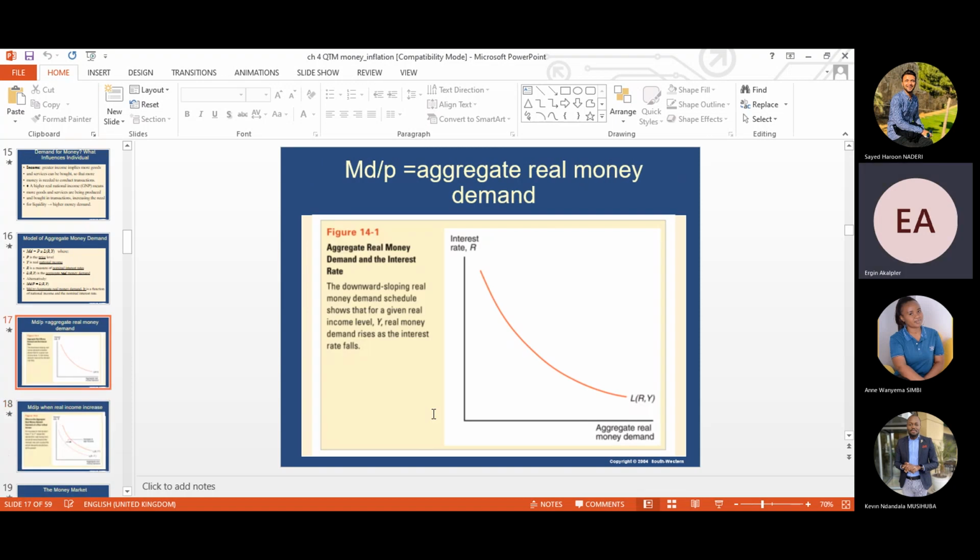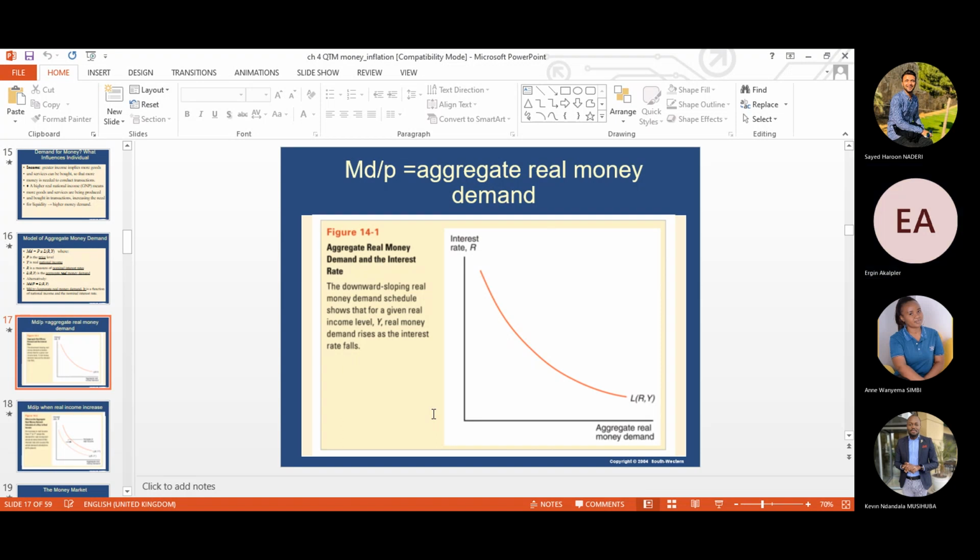Here is given the aggregate real money demand, as you observe, L, and the interest rate on the y-axis. As you see, there is an inverse relationship between them. As much as you increase the interest rate, you reduce the aggregate real money demand, or vice versa.